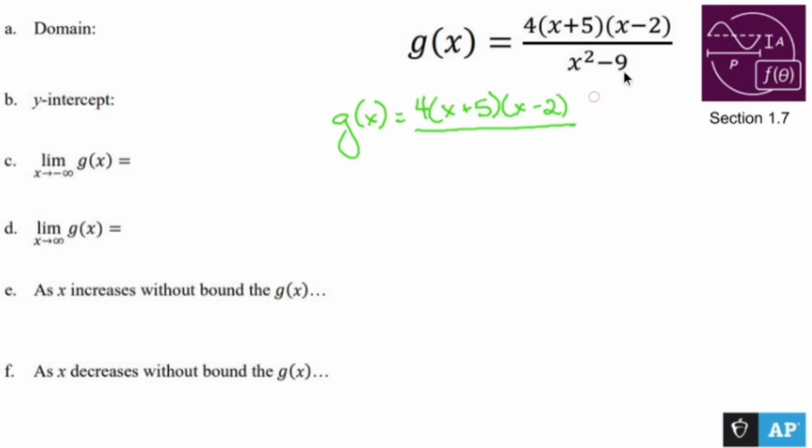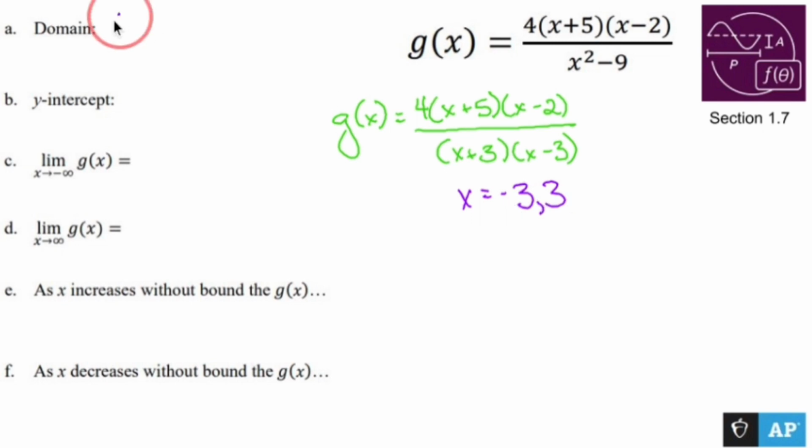And I had to factor out the denominator. X squared minus 9 is a difference of squares. That factors out to x plus 3 and x minus 3. Now, the two numbers that make the denominator equal to 0 would be negative 3 and 3, which means I'm allowed to plug in any number I want except for negative 3 and positive 3.